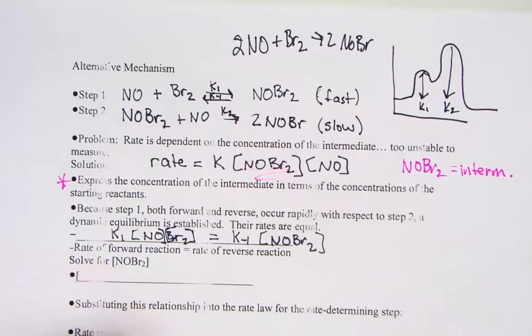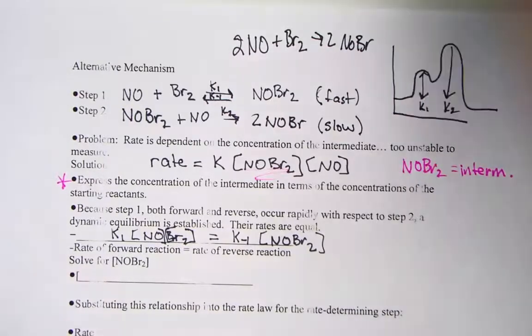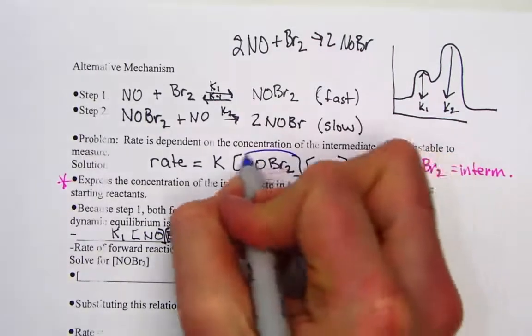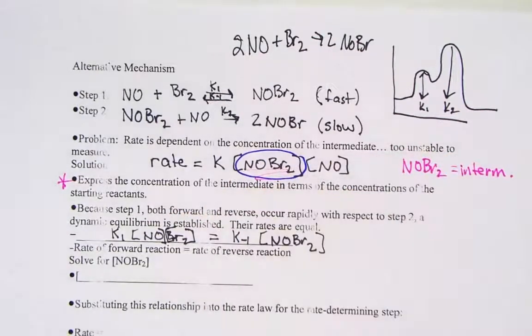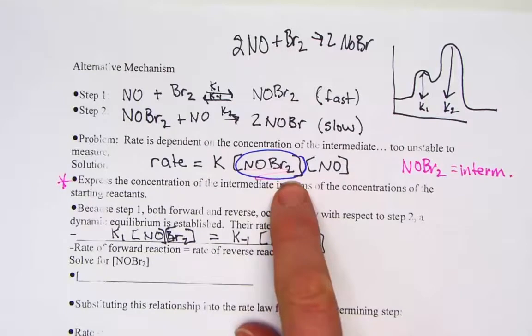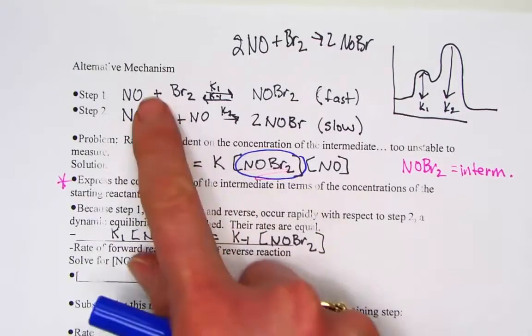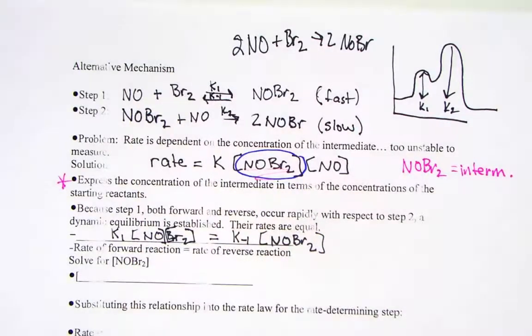Remember, our ultimate goal is to express this rate law in terms of the initial reactants, so we want to substitute out NOBr2, that intermediate. What is NOBr2 equivalent to? It's just a little algebra game.